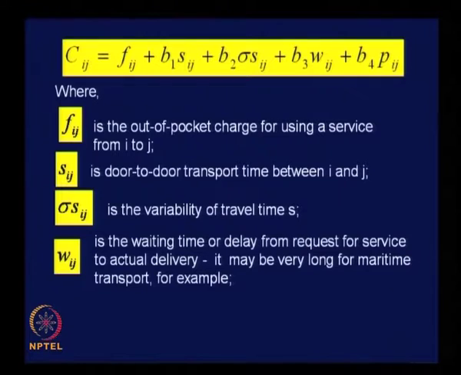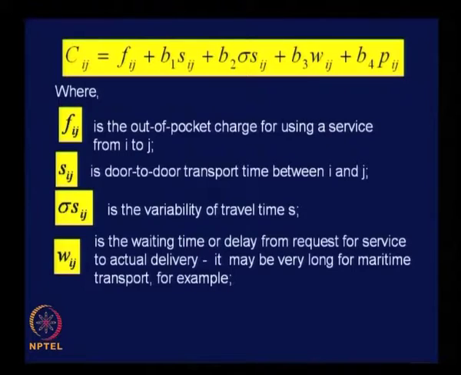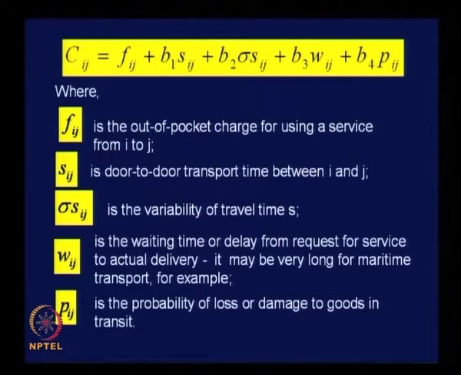Or even if you just take your commodity to the seaport, it might be lying for days at the seaport waiting for the arrival of the vessel pertaining to the particular destination, right. So this is also a factor. And Pij, very important, is the probability of loss or damage to goods in transit. All these factors contribute to the generalized cost of transportation of goods, right.